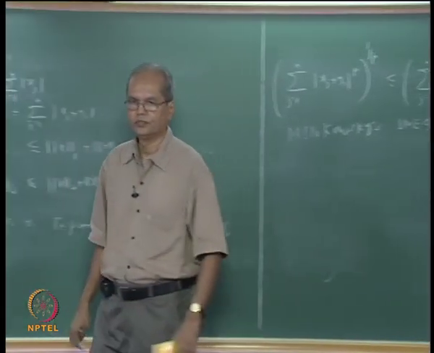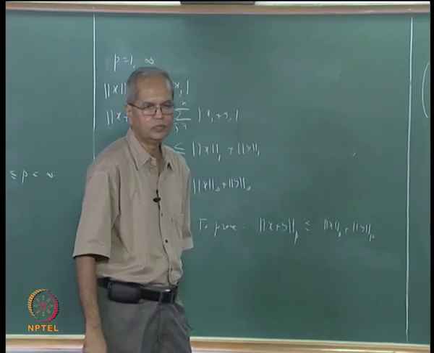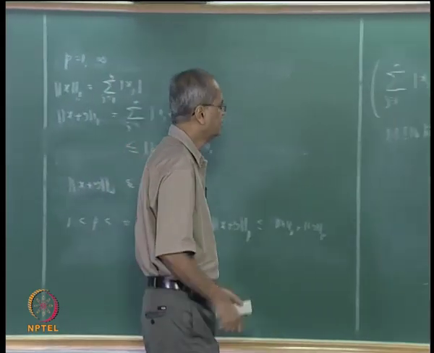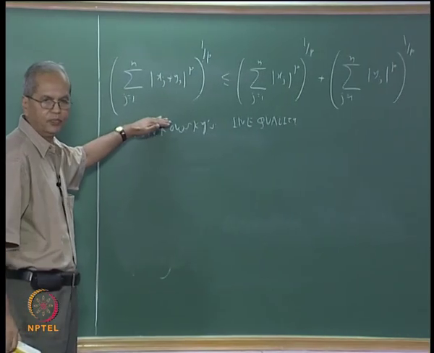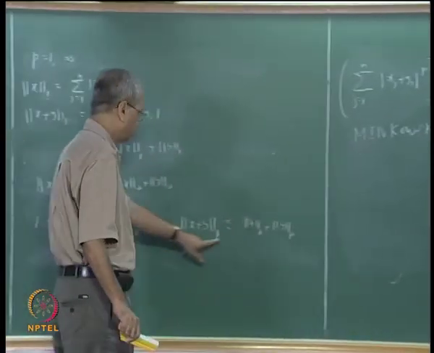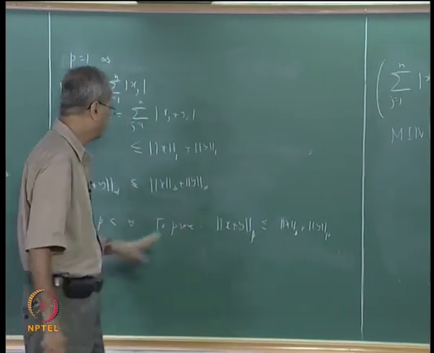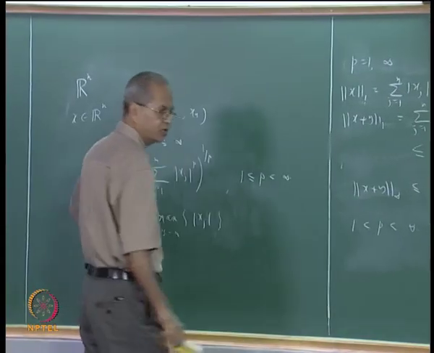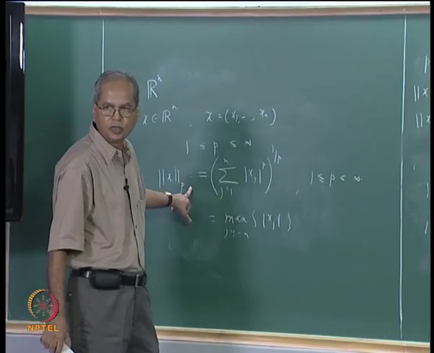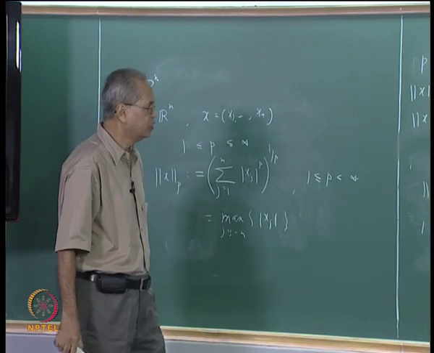Suppose we prove this inequality, then it will follow that this is true, and then from that it will follow that this is a norm. Now we will try to prove that.